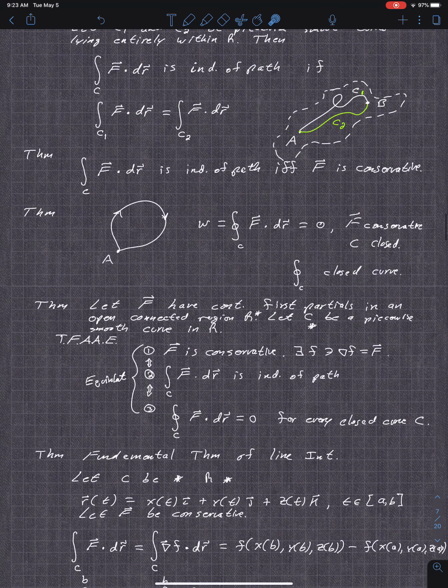So if the line integral is independent of path, then F is conservative, and vice versa. So if F is conservative, then the line integral is going to be independent of path. It's like a potential. Think of it as kind of like, well, not potential function, I can't think of the term right now.